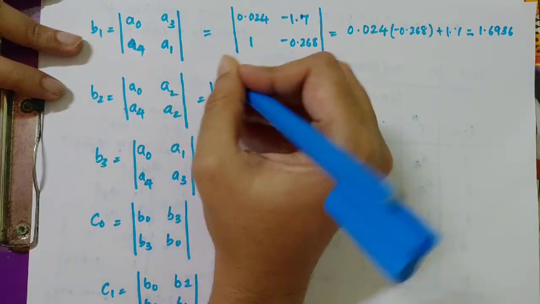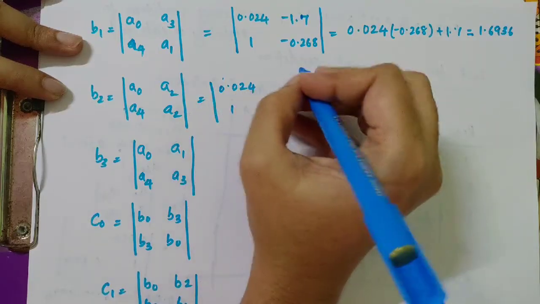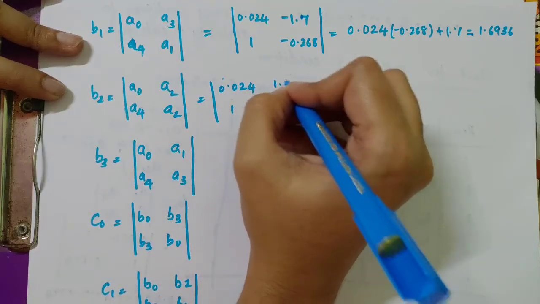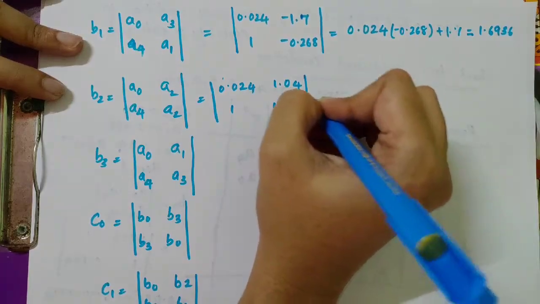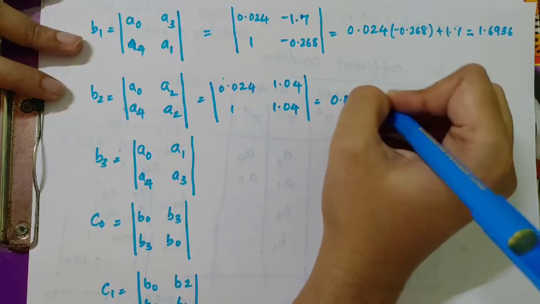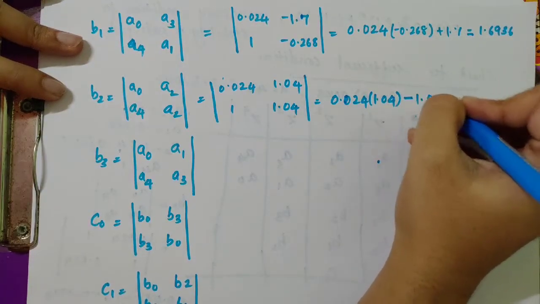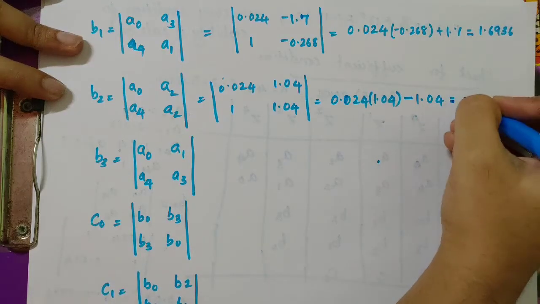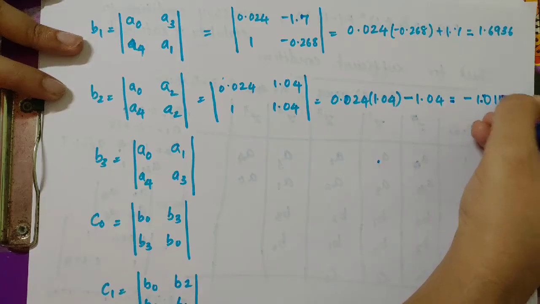Okay, here it is A0 A3 and 1.04, 0.024. 0.024 into 1.04 minus 1.04, that is equal to minus 1.015.